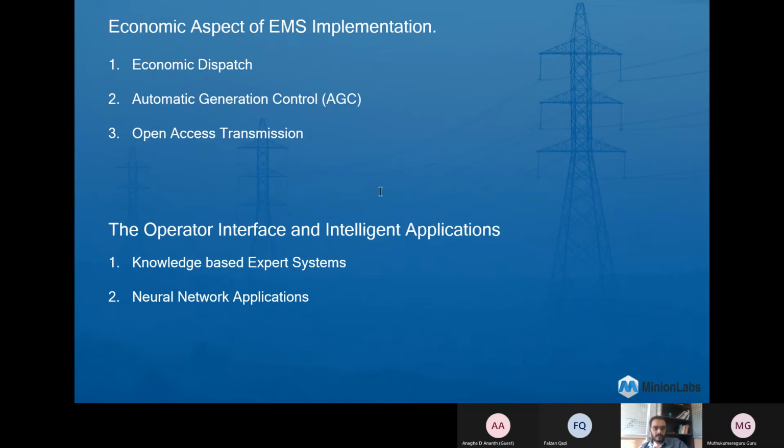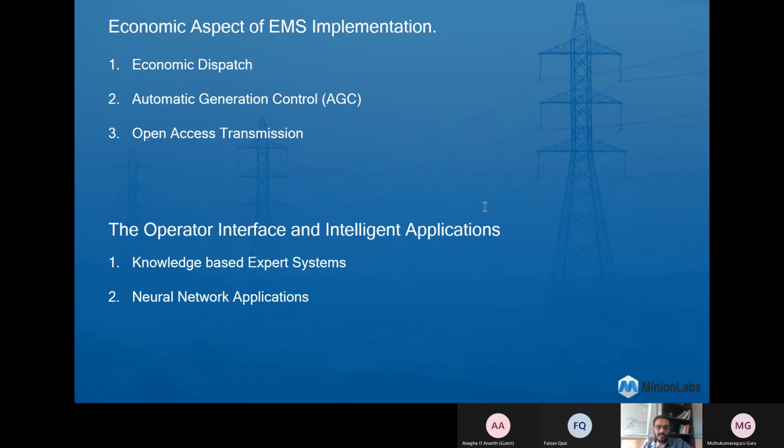Second, automatic generation control, AGC. The basic control of generation on a power system is done through the control of electrical frequency, measured at one of the highest voltage buses in the system. If the frequency drops below nominal, there is a need to increase generation, and if the frequency rises above nominal, there is a need for less generation.